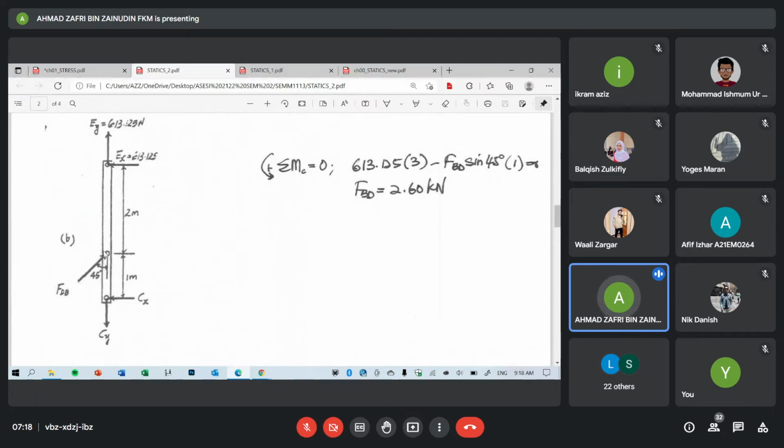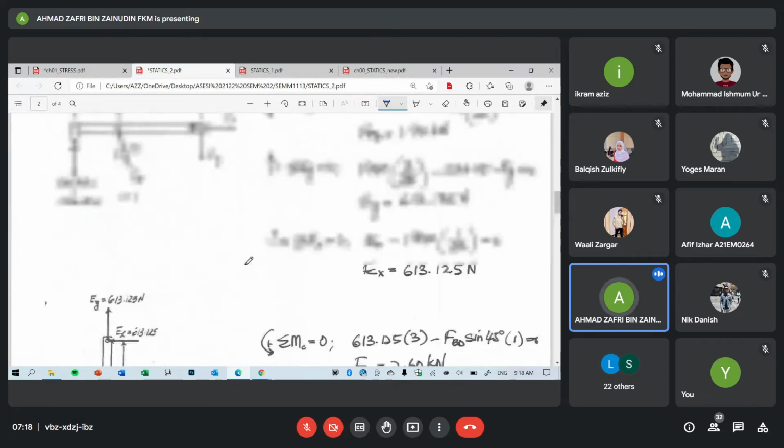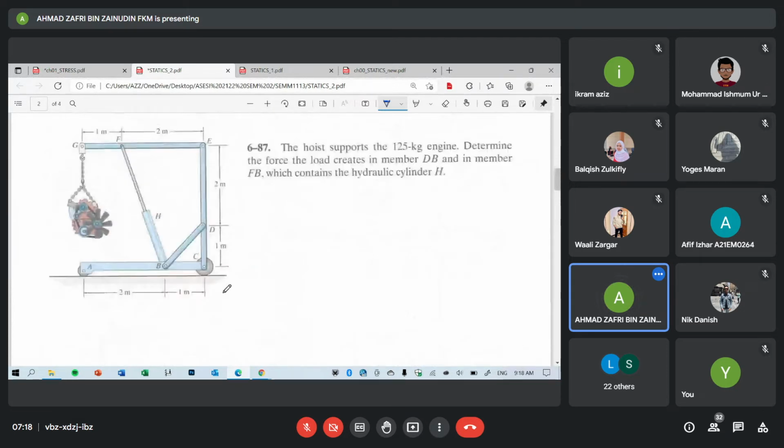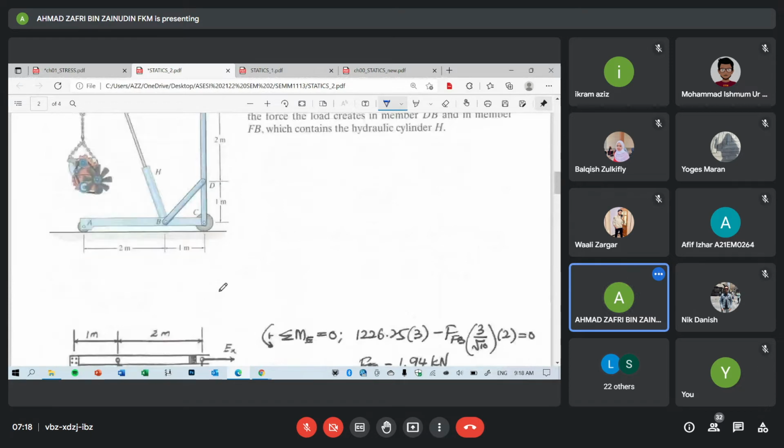Now, if you want to sketch the free body diagram for BD, you have this force here, FDB, in this direction.